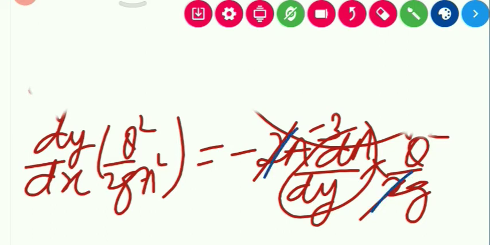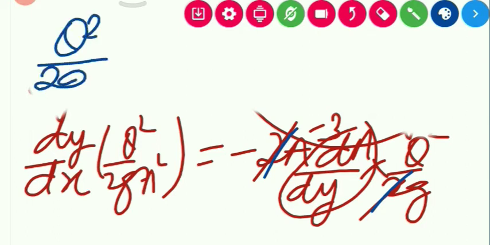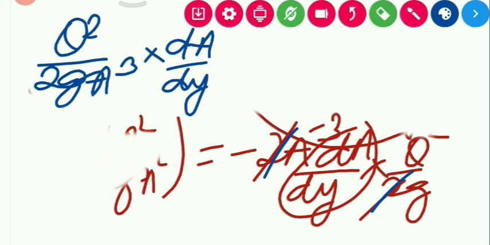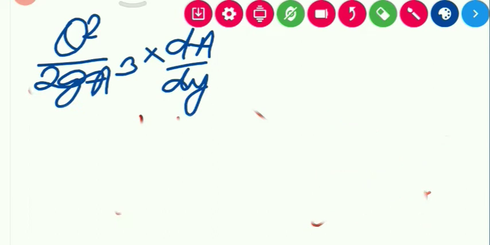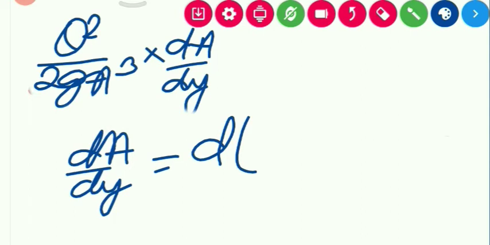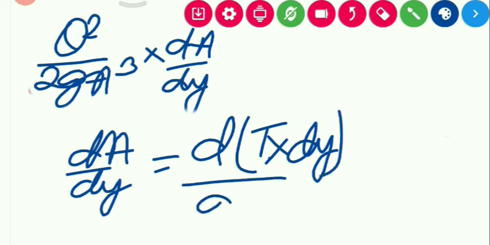This 2 and this 2 get cancelled, so it is written as q square by 2g a cube into dA by dy. So what is the value of this dA by dy? dA by dy can be written as d into top surface into depth upon dy.